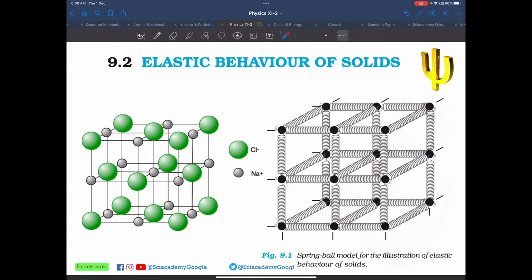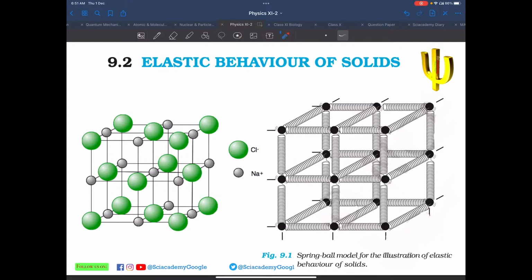So when we apply the external force, there is a change in the interatomic distances between the atoms, ions, and when we remove the external force, what will happen?